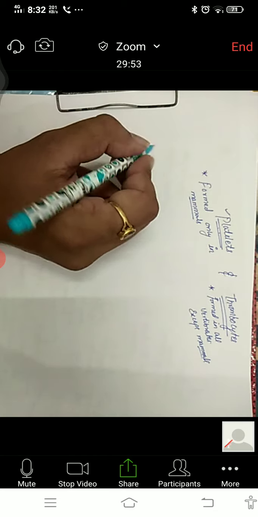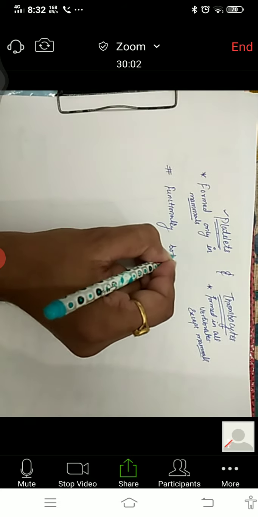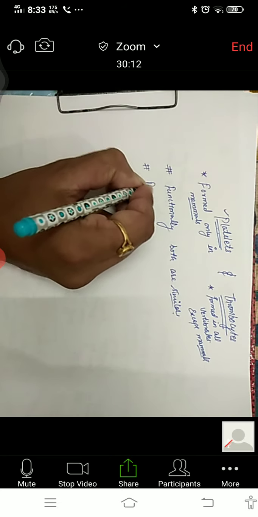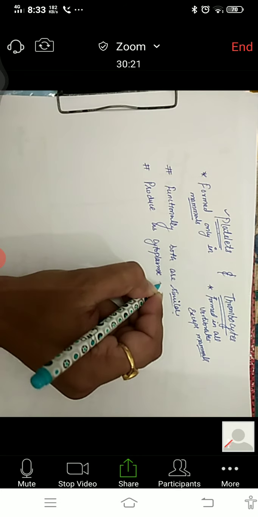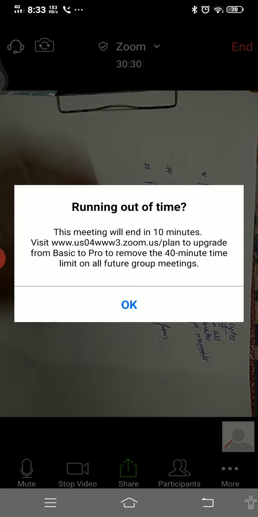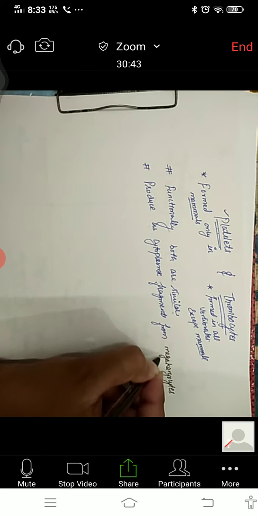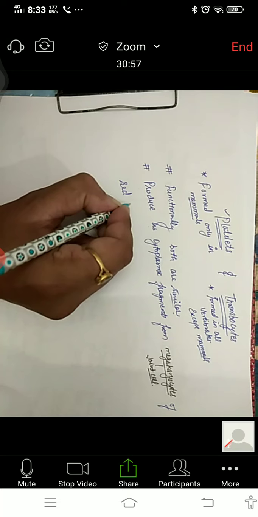Functionally, both are similar. They are produced as cytoplasmic fragments from megakaryocytes, which are giant cells of the red bone marrow.